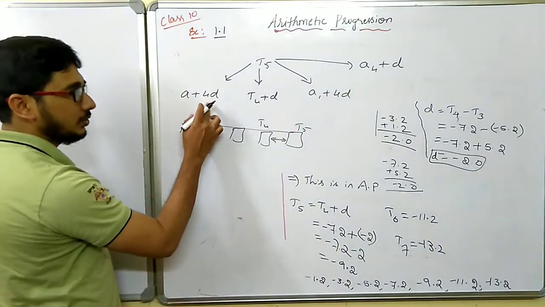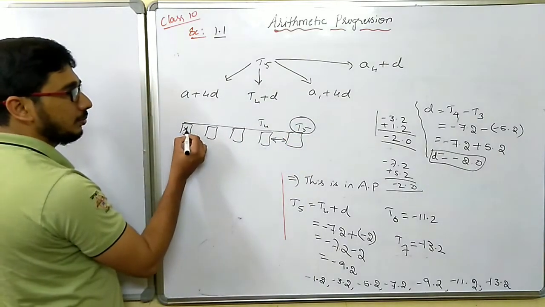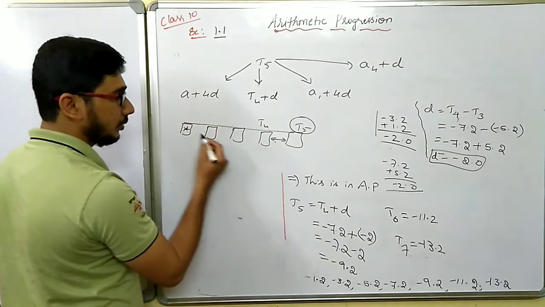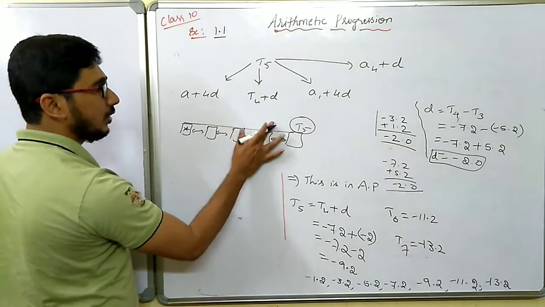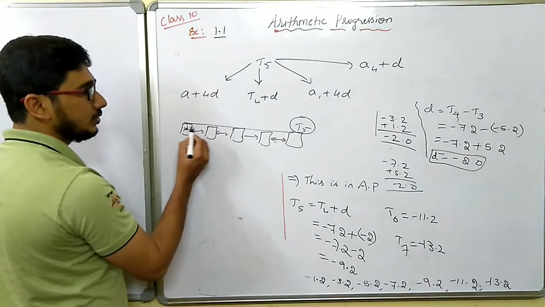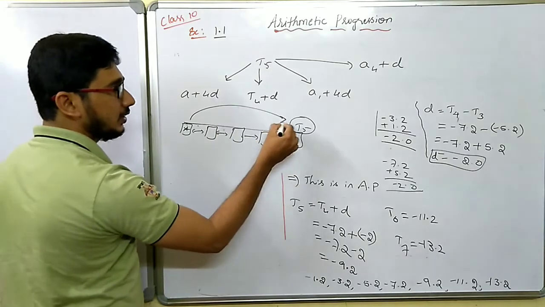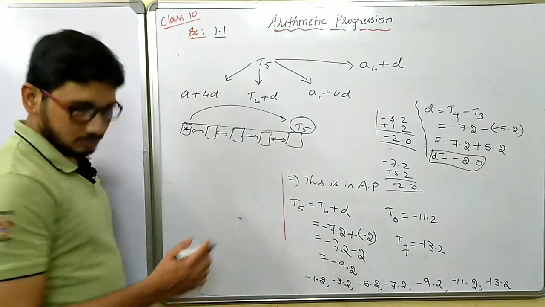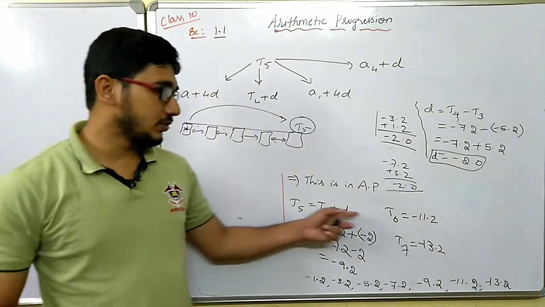A plus 4D means if you want to get this number, for this number you want to add the difference 4 times. 1, 2, 3, 4 times. If you add the difference 4 times, you will get the fifth term directly. So this is how we can find the next three terms. It is very easy.